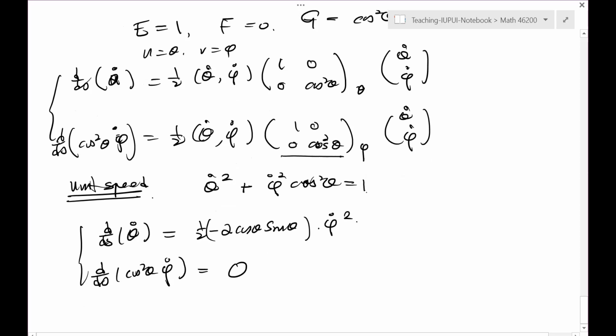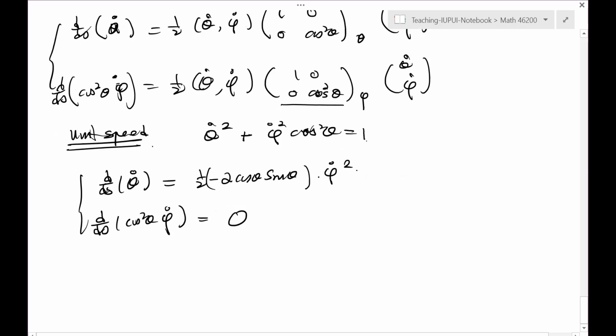So the second equation looks much better than the first one. This is negative cosine theta sine theta times c dot square.